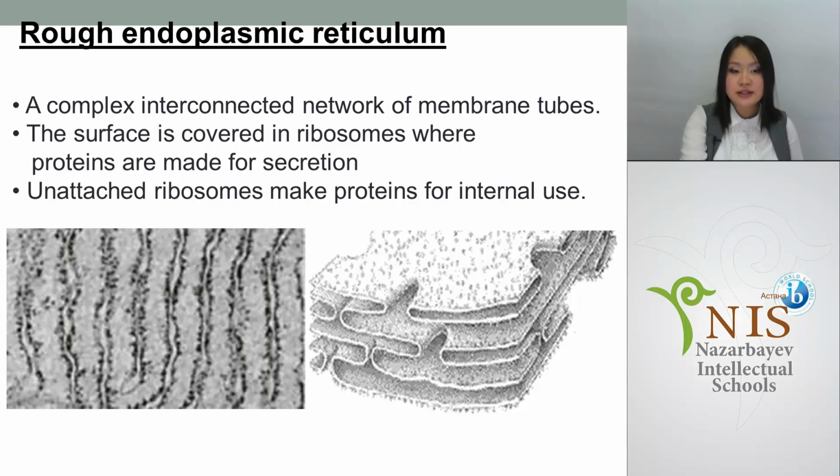Rough endoplasmic reticulum. We said that we have two types of endoplasmic reticulum, rough endoplasmic reticulum and smooth endoplasmic reticulum. Rough endoplasmic reticulum has on its surface lots of ribosomes, and it is a complex interconnected network of membrane tubes.